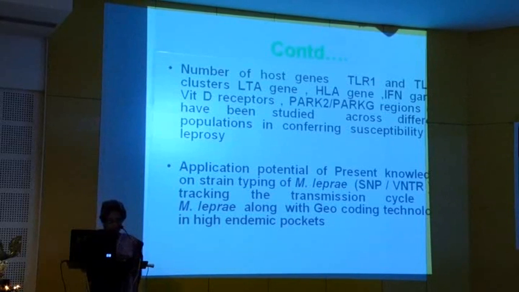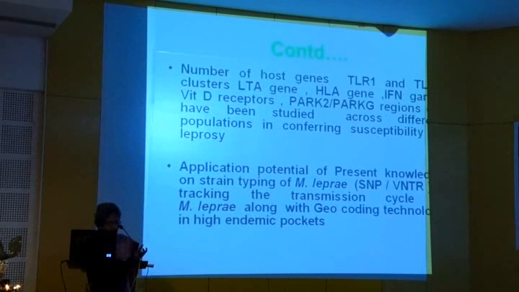As of today, there are hardly 3 or 4 different types of M. leprae strains identified in India. It is still not very certain whether they are really a difference in strain, or perhaps a deletion that is happening, so one has to confirm that it is really useful in strain typing.